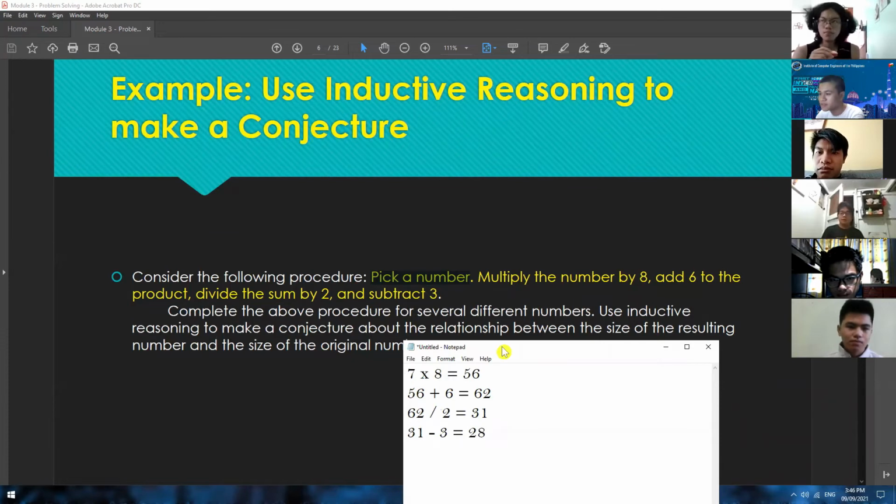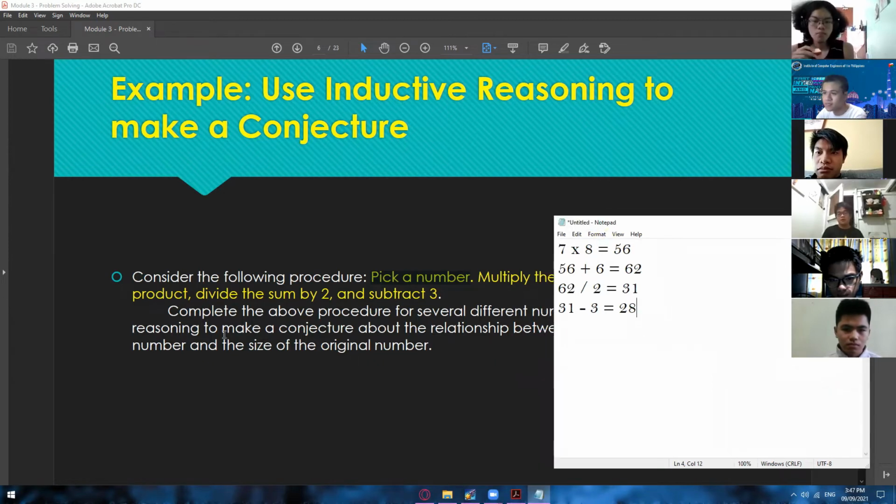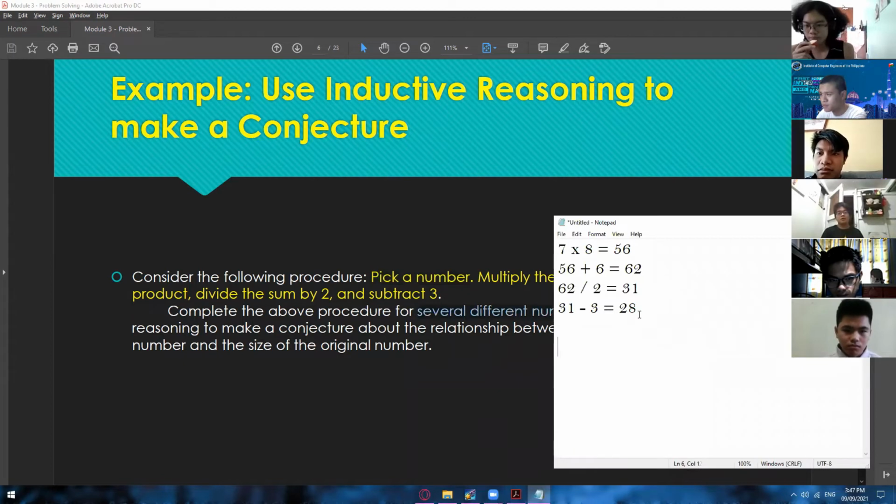Okay, let's have another number. It has to complete the above procedure for several different numbers. Anyone who would like to suggest a number again? 5, sir. 5.